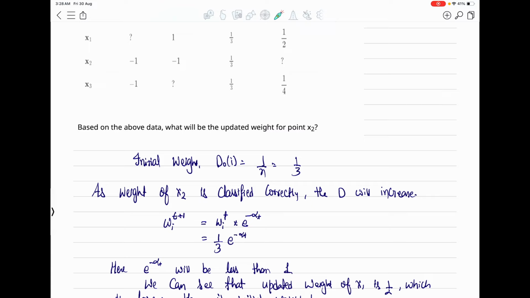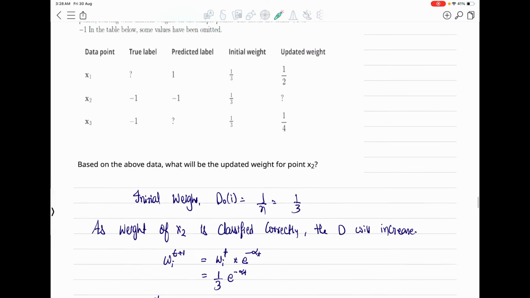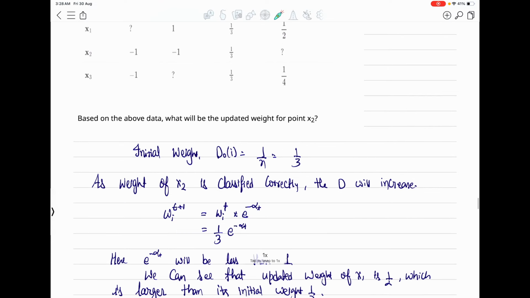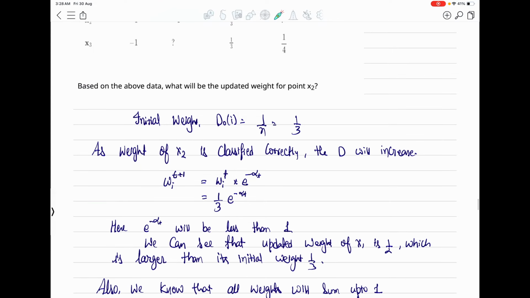So the first initialization of weight will be 1 upon n, that is a uniform distribution, that is 1 upon 3, because we have 3 data points, x1, x2, x3. As we want to find the weight of x2, x2 is classified correctly. You can see that the true label is this and the predicted label is also this, so it is classified correctly. If a point is classified correctly, then what we do is we decrease its weight.